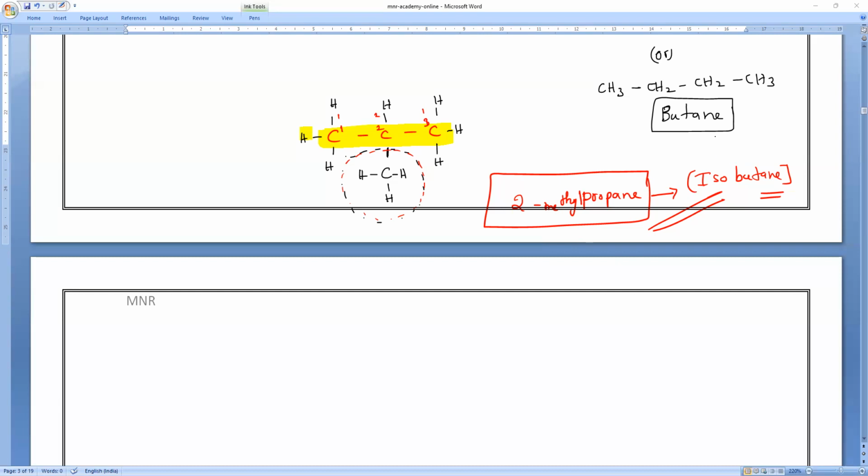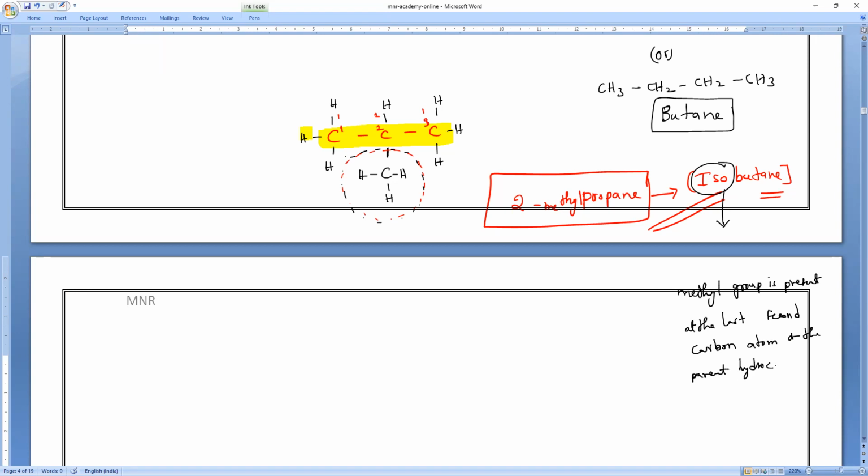Remember, for pentane also we will write iso and neo. I already taught you. Iso means a methyl group is present at the last second carbon atom of the parent hydrocarbon chain.